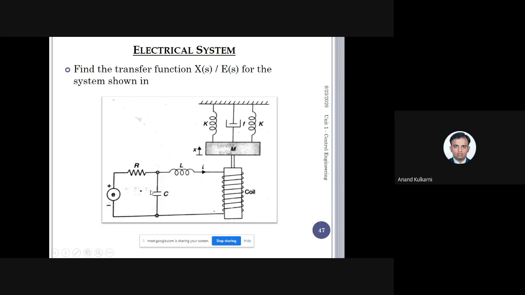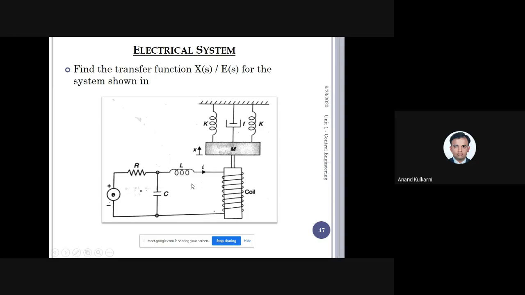This current clockwise means from top to bottom it goes, whereas this current, if you assume clockwise, goes from bottom to top. If you take I1 as positive, then I is negative. So 1 upon C integration of I1 of t minus I of t. This is equation number 1, which is equal to the right hand side E of S. This is the first equation.